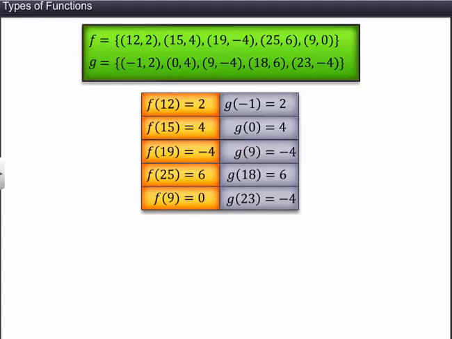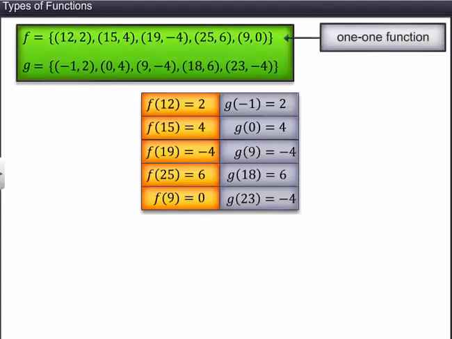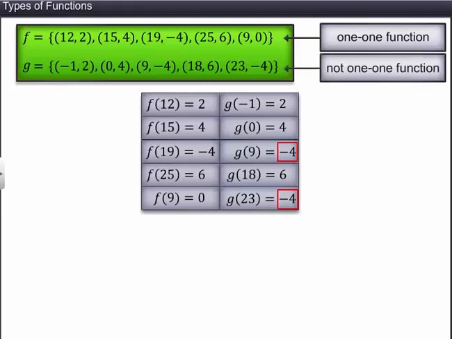Therefore, the given function is 1-1. However, in the second case, the image of 9 and 23 is -4. It means that g of 9 and g of 23 is equal to -4. Hence, the function g is not 1-1.